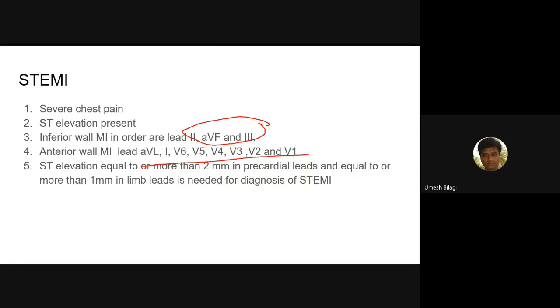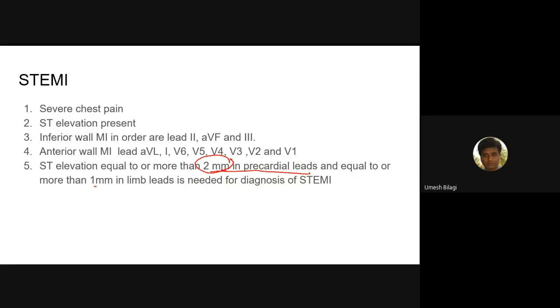These three you remember. The other ones you call anterior wall. If you want to say there is ST elevation in the precordial leads, that is V1 to V6, the ST elevation should be more than 2 mm, that is more than 2 small squares.